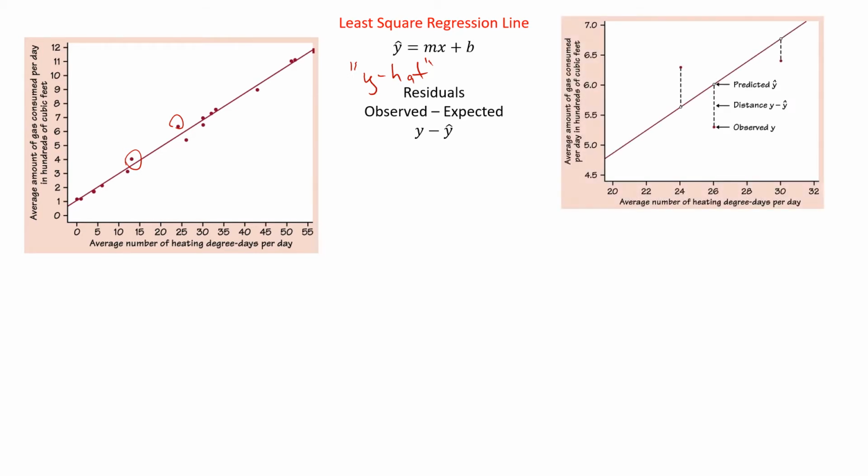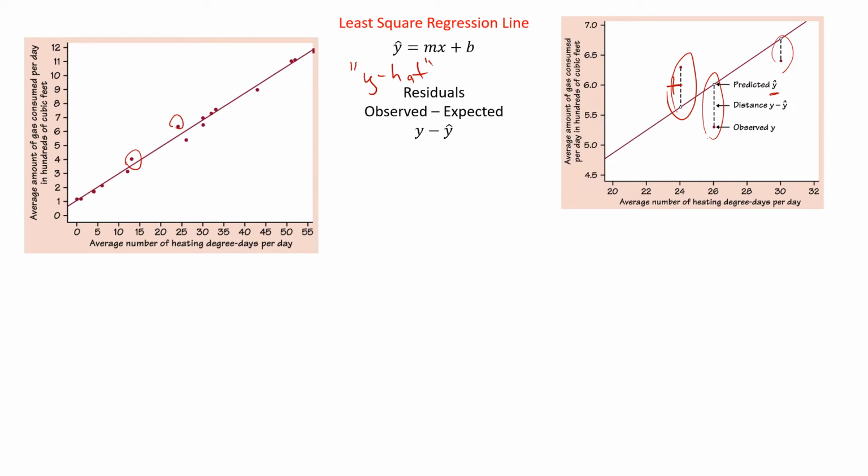Each of these, so this is just an enlarged and simplified version of this graph, each of these is a residual. This one is going to be a positive residual because the y is bigger than the y hat. Notice the y hat is that predicted value, which is on the line.